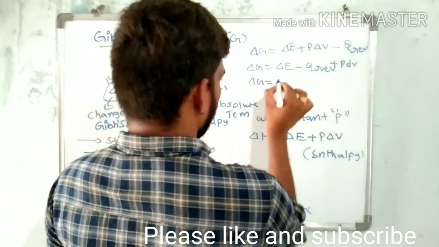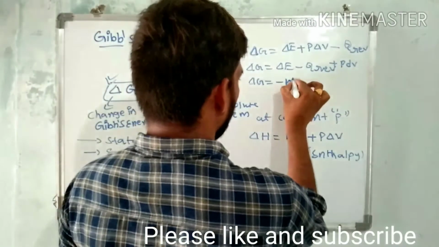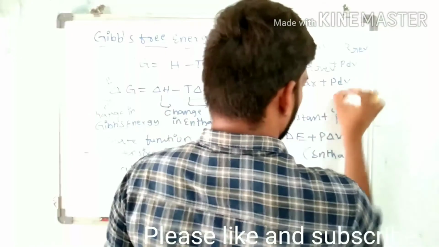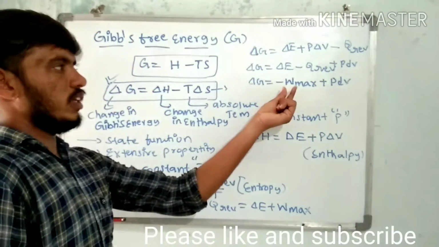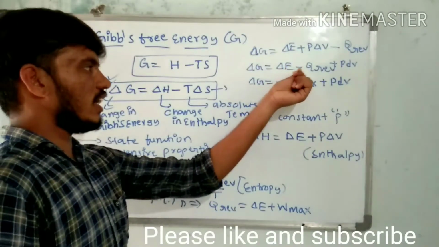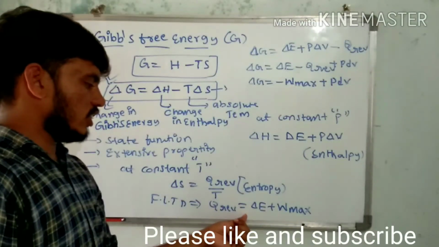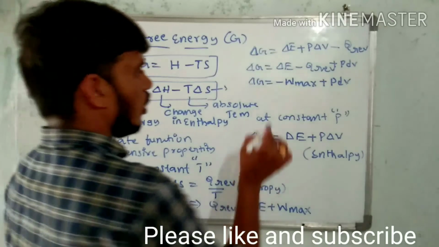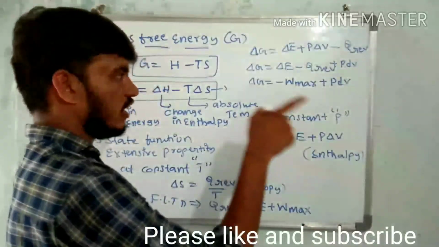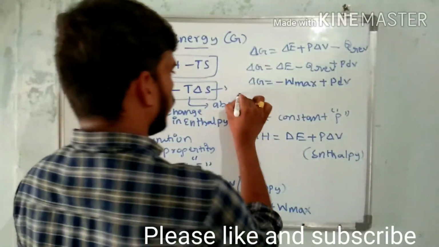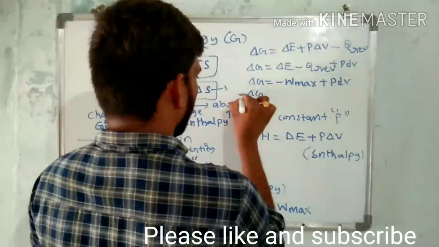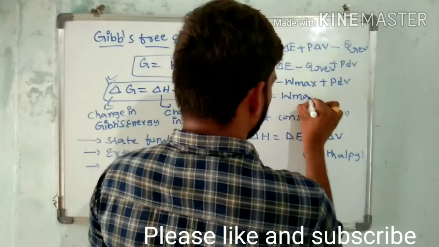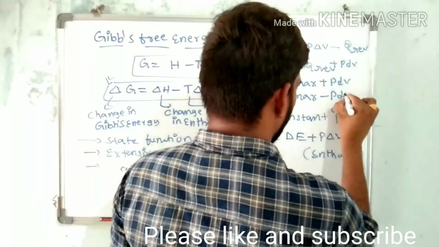Delta G is equal to minus W maximum plus PdV. Now this equation is multiplied by minus. Now minus delta G is equal to W maximum minus PdV.